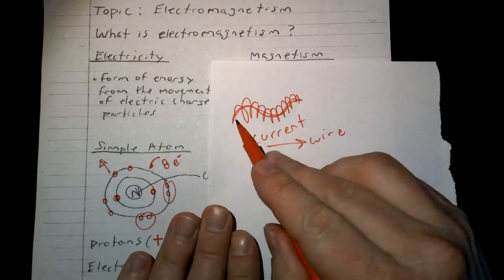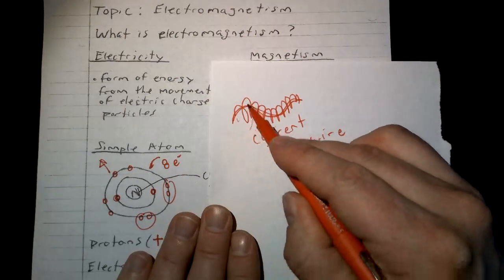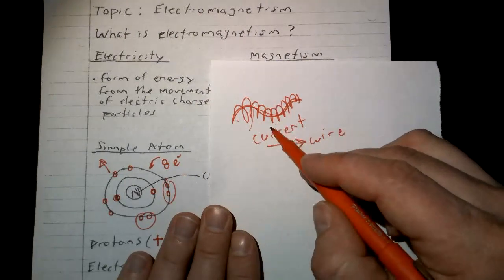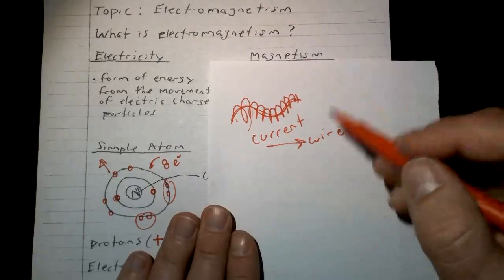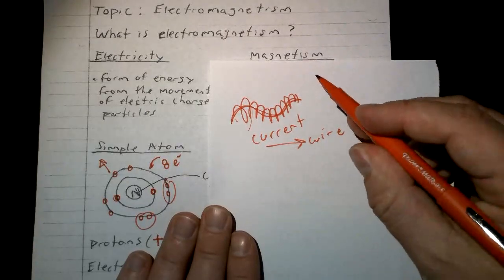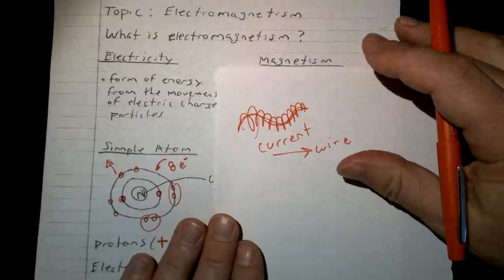The more windings you have in that wire, the more of an electric current. We're going to talk about that later. But we have this thing called magnetism.